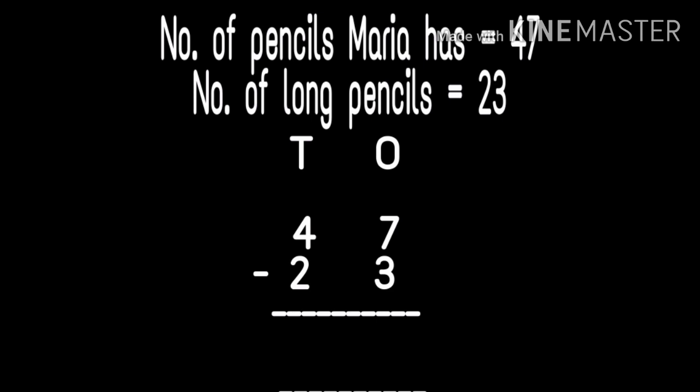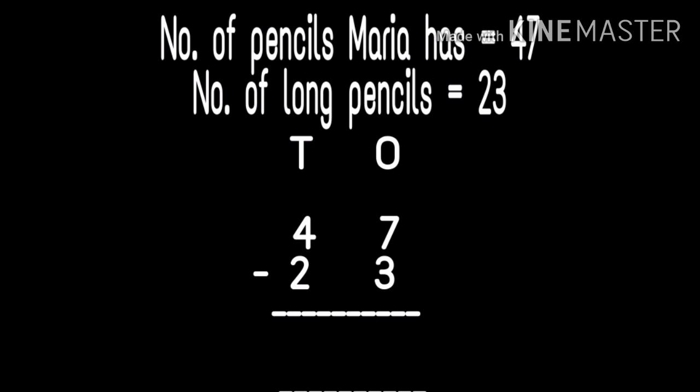Then we will solve it. We will write the numbers under the columns of tens and ones. In the number 47, we write 7 at the ones place and 4 at the tens place. In the number 23, 3 is placed at the ones place and 2 at the tens place. Now we have to find the difference.